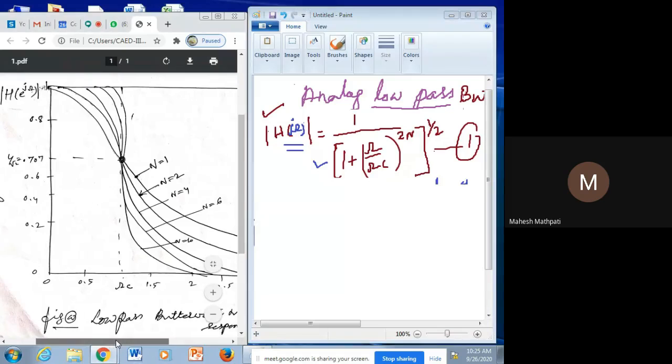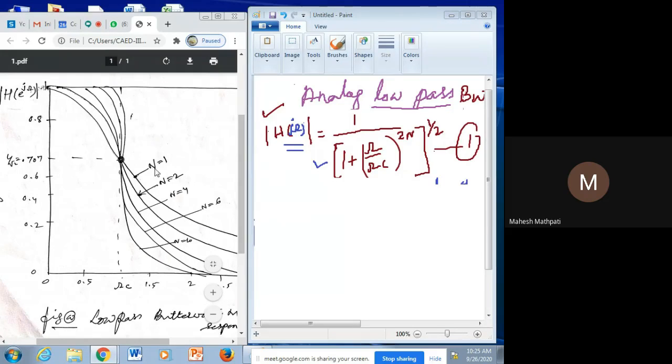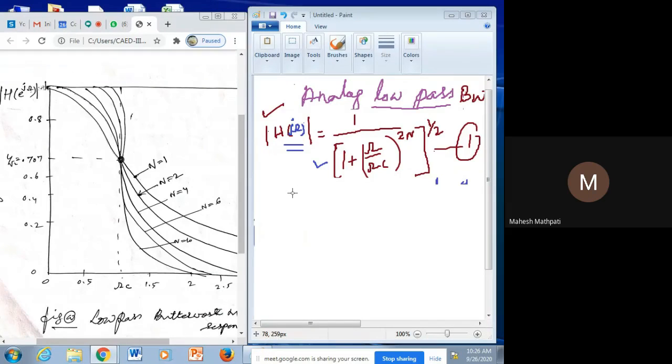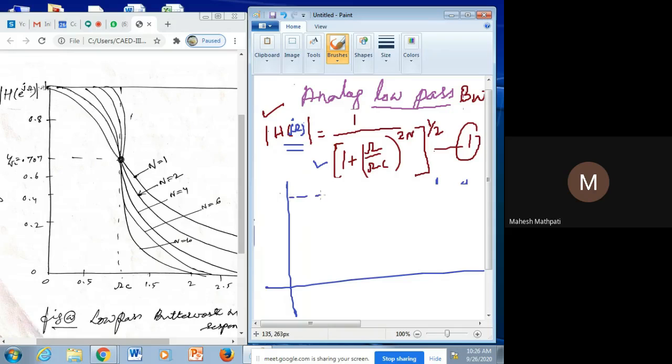Now let me clarify this point. Here, if you see N equals 1, suppose the order is 1, then your line comes like this. Getting my point? So this is your line. Then suppose N equals 2, then your line is this way, right? Then if I take N equals 10, what happens? It comes here. So what is the indication of this? This is the graph, and your ideal graph is this way for a low pass filter.